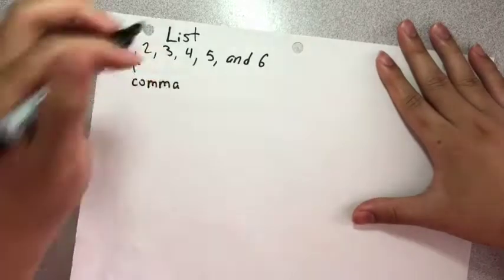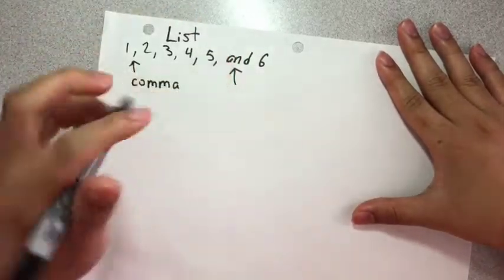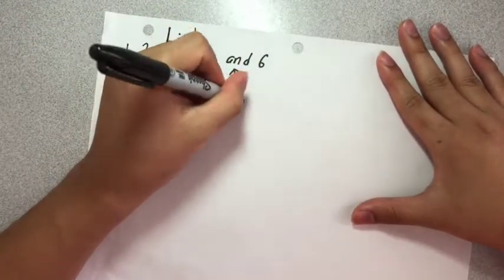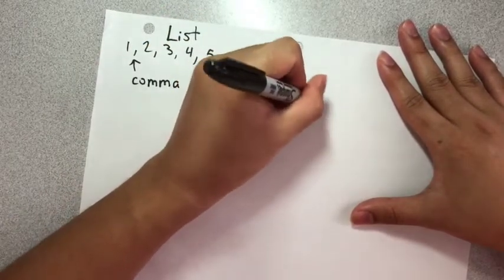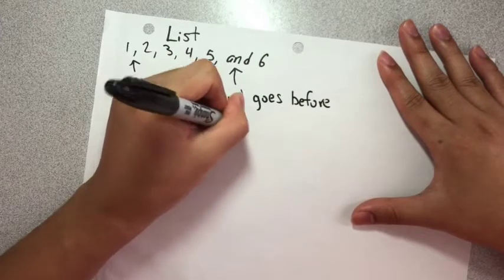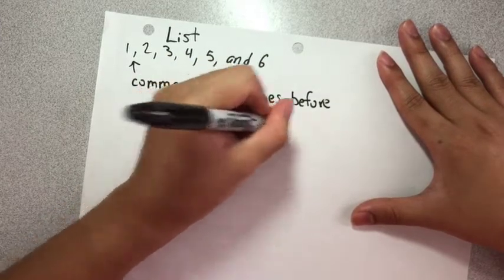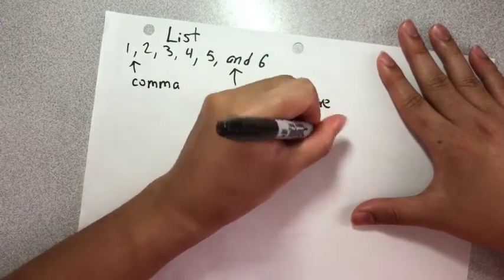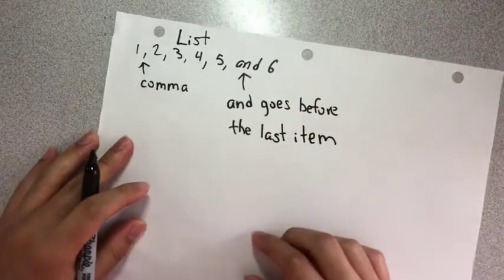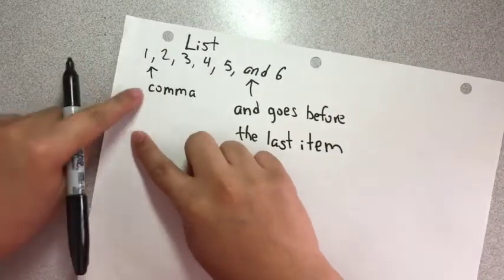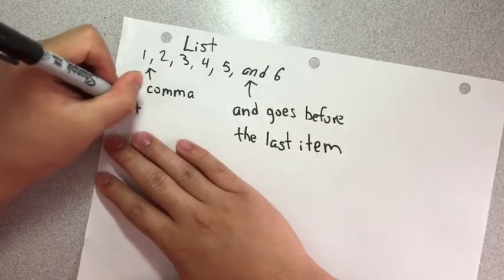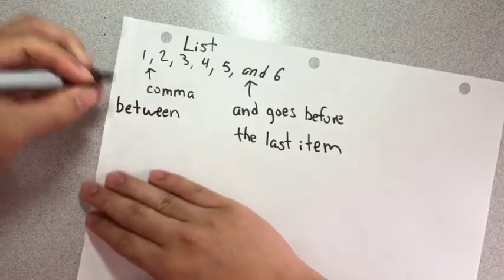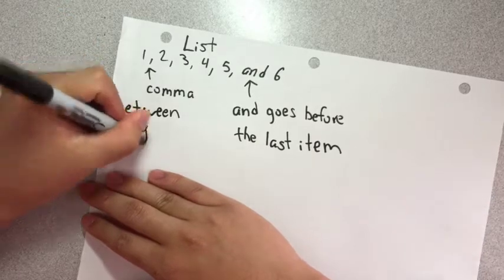Before the last word, we have the word and. And goes before the last item, the last thing. So, when you make a list, there is a comma between every item.